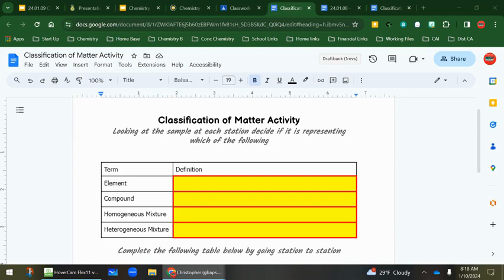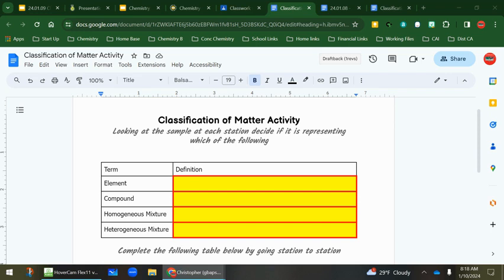But are they mixed or are they combined? And then look at each thing in here. Which one of those do you think is represented? Why do you think it is that?